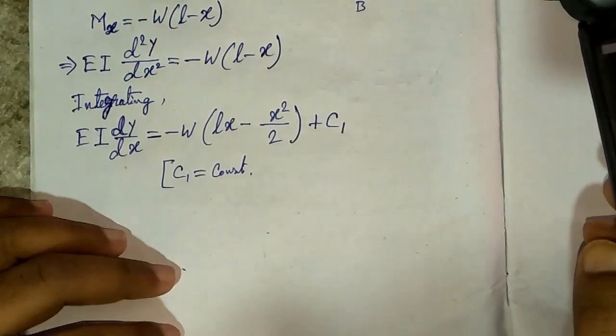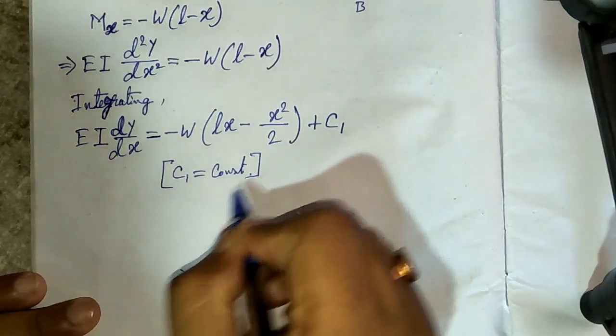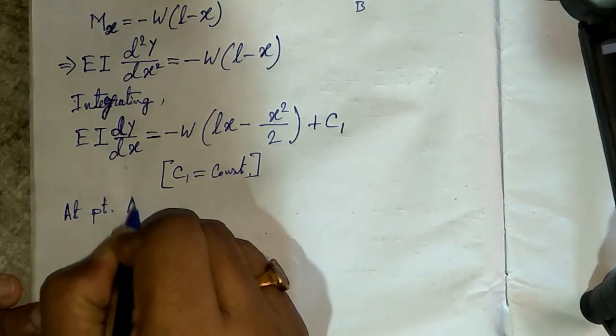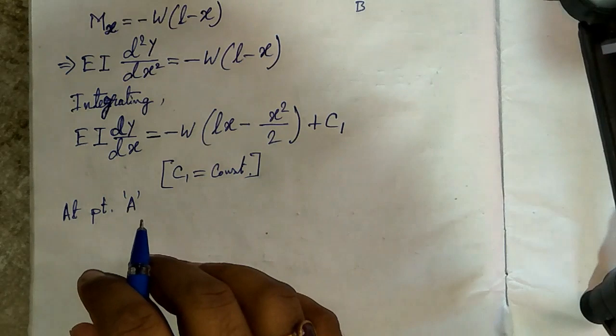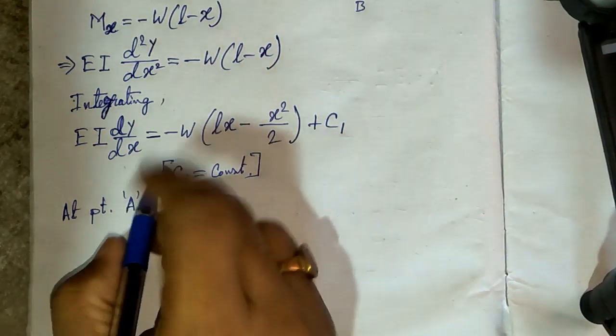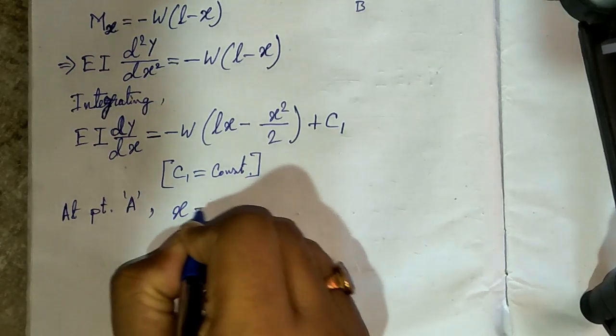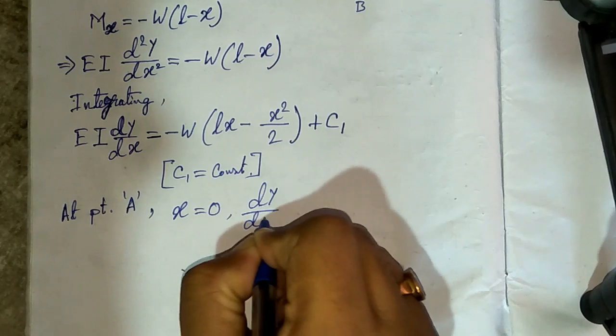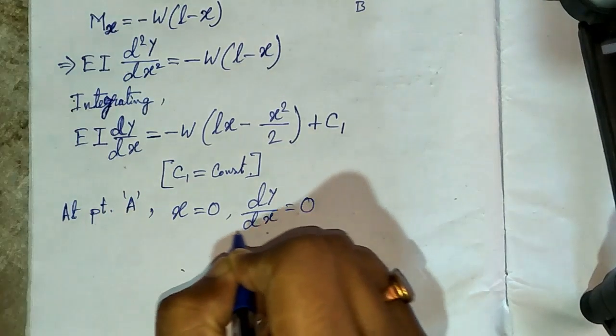Now at point A, the fixed point, x is 0 and the slope dy dx is also 0.